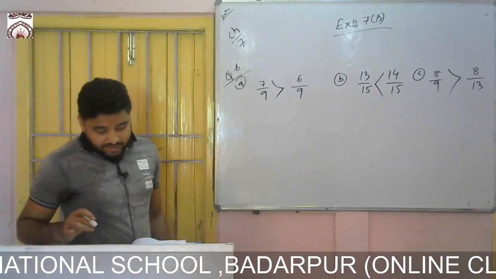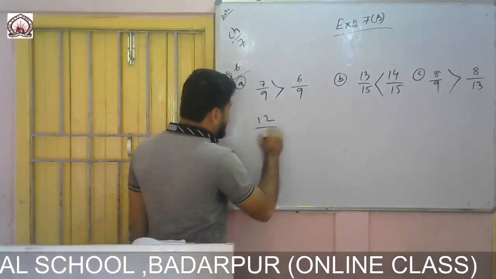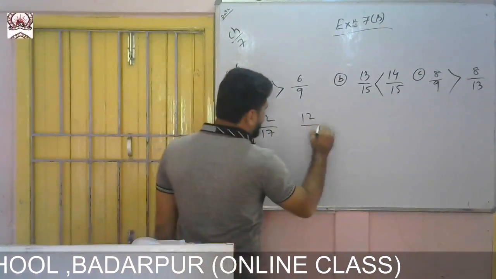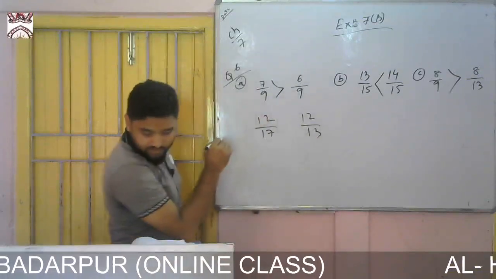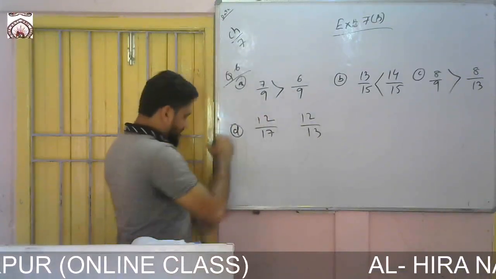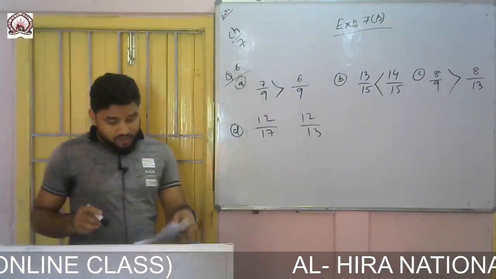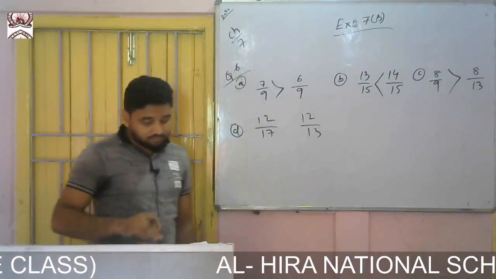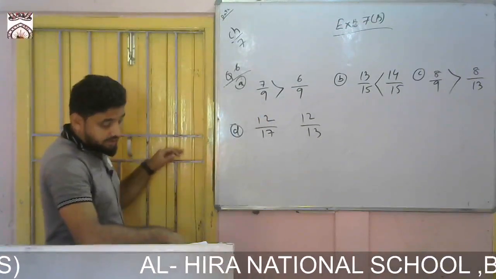Now come to 12 by 17, 12 by 13. This is question number D. You see 12 by 17 and 12 by 13.